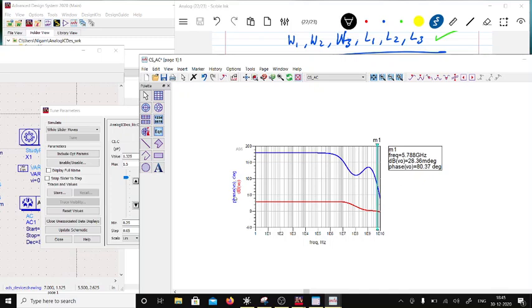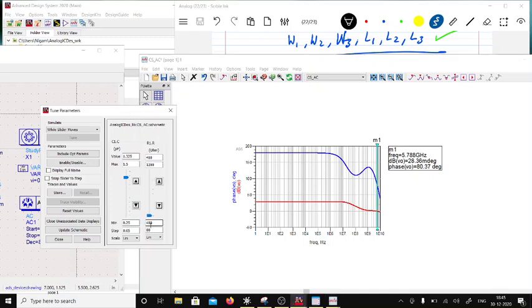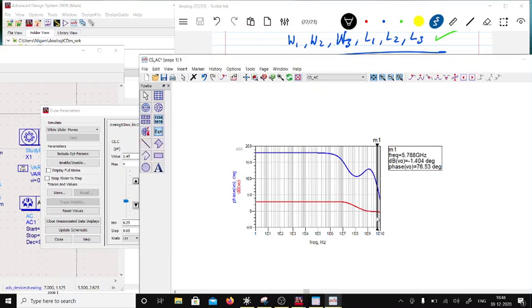Now I have an 80-degree margin. I don't want to do very large capacitance, but if I want, I can do that. I hate that. And reducing the resistor also changes things. So I am here. Now I have enough margin.